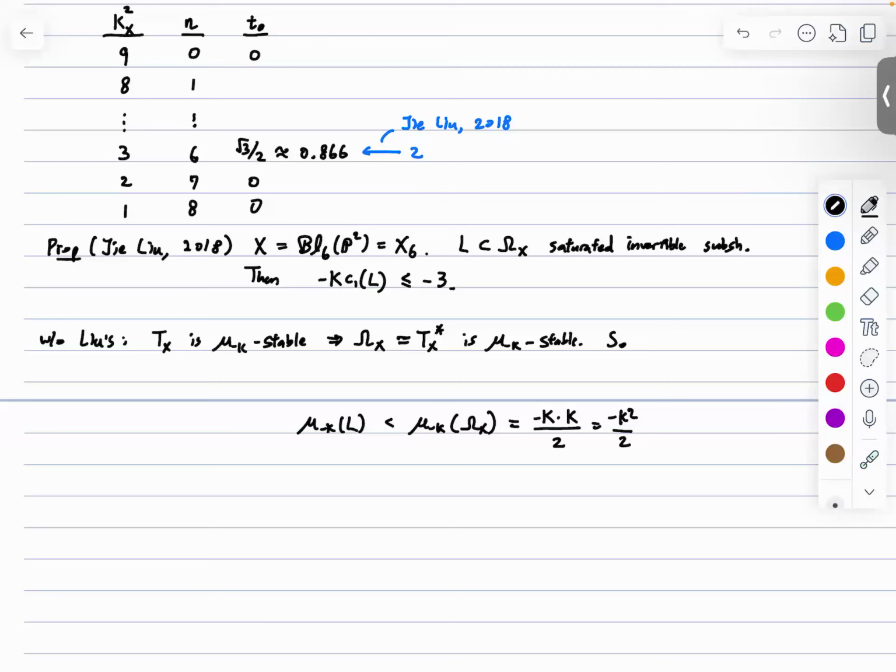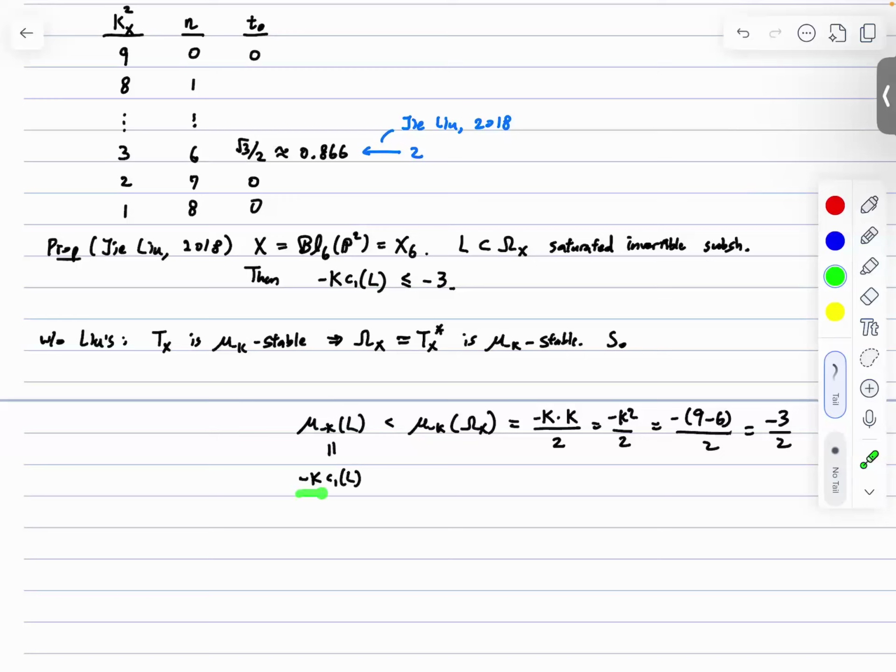Now we know K squared is 9 minus the number of points involved in the blow-up. So K squared is 9 minus 6, and this is -3/2. So the slope of this line bundle, a subsheaf of the cotangent bundle, is strictly less than -3/2. But a line bundle has rank 1, so its slope is just minus K times C1 of L over 1.